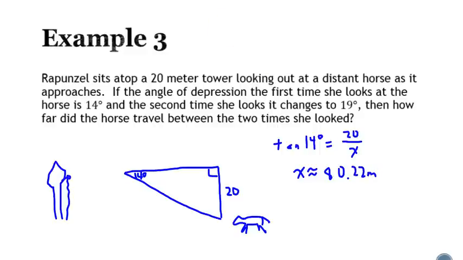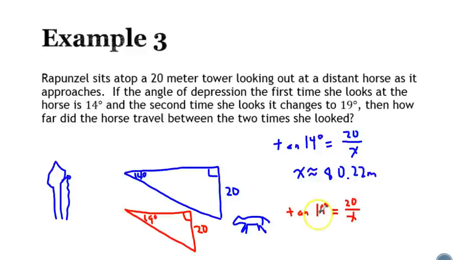And then if we use our same diagram, but we change the angle a little bit. So now she looks back at it later on, and the angle's gotten a little bit bigger because the horse has gotten closer. So the horizontal distance wouldn't be quite as far, but the vertical distance should still be the same. So for this diagram, I need to solve tangent of 19 degrees is equal to opposite over adjacent.